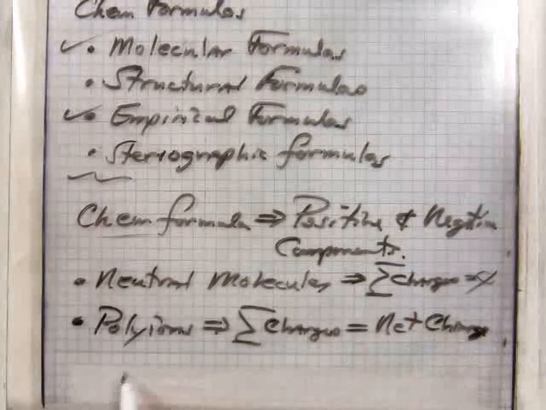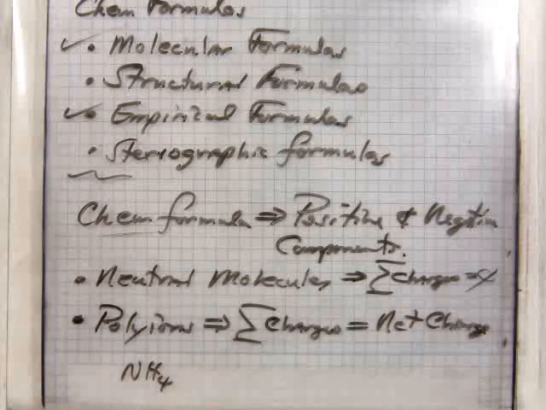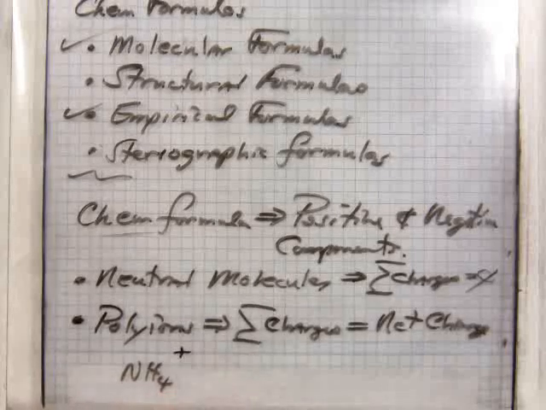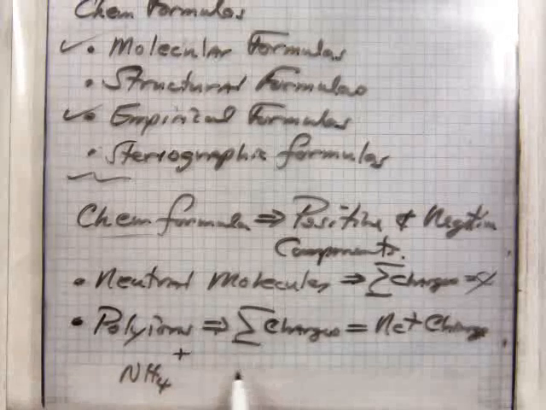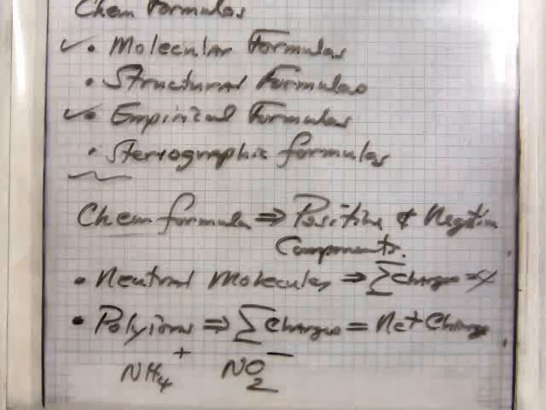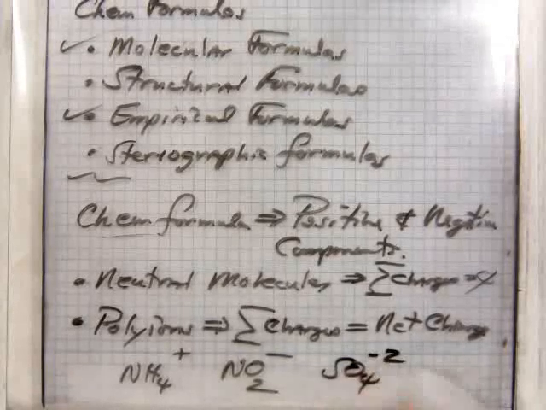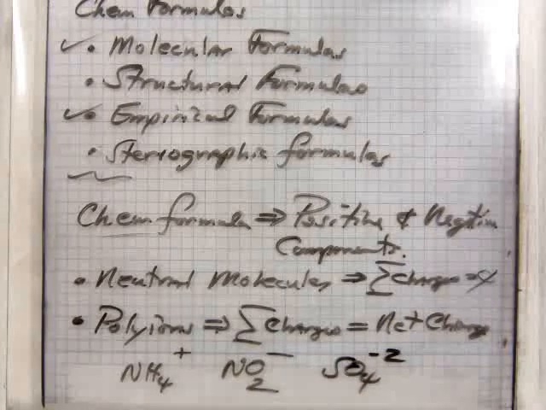For example, if you were talking about the ammonium polyion, its net charge would be a +1. If you're talking about nitrite, which is an NO2, its overall charge is negative, and then sulfate is a -2 or 2-, however you want to write it.